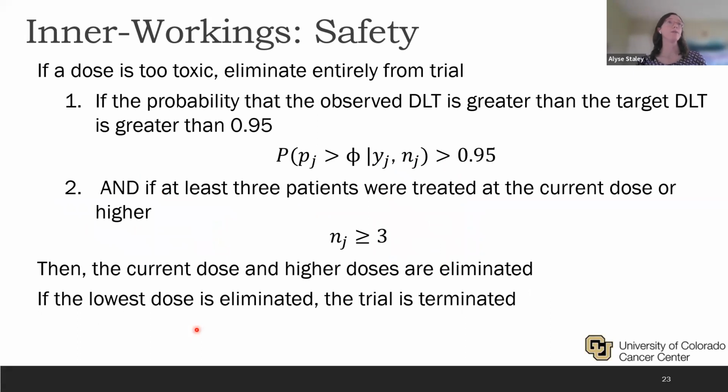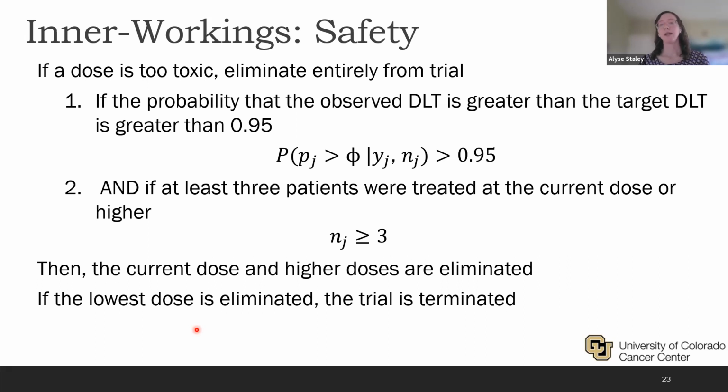Additionally, the BOIN design has built-in safety rules, such that if a dose is too toxic, it can be eliminated entirely from the trial. This occurs if two criteria are met. First, we want to calculate the probability that the observed DLT rate is greater than the target DLT rate.